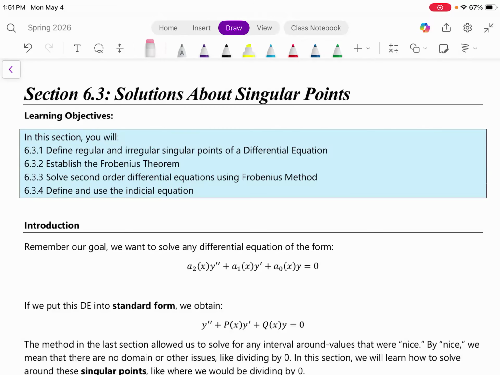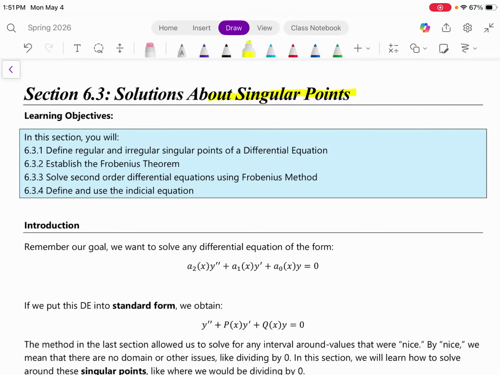And in this section, we're going to continue solving differential equations with power series solutions. But in this section, we're going to learn how to solve these differential equations with power series about singular points.